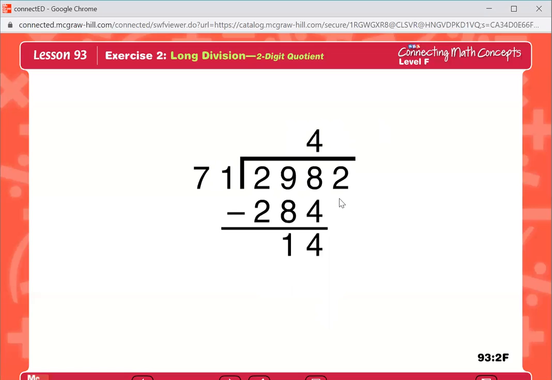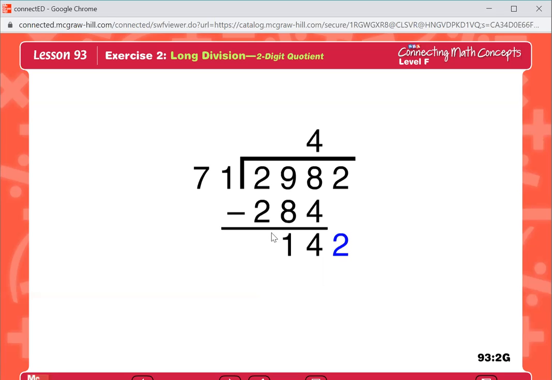The first thing we do is bring down the ones digit. So we need to bring down the 2 to right here. What number does that give us? The number it gives us when you bring down the 2 is 142. What is our new division problem?